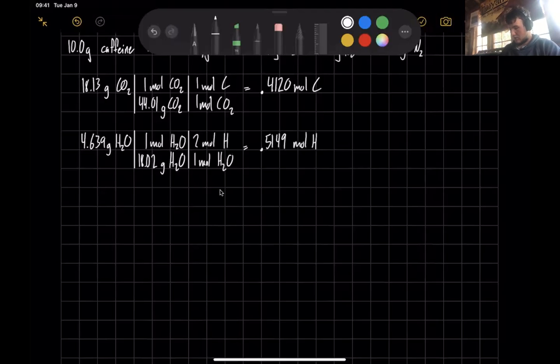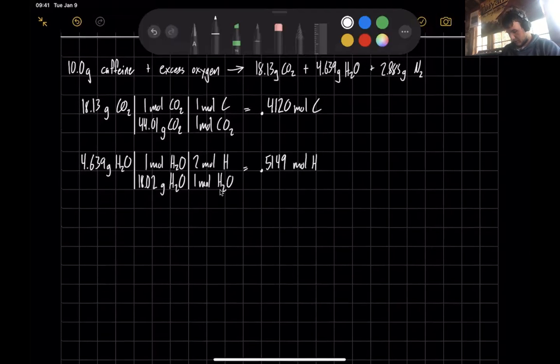And then we have 2.885 grams of nitrogen, N2.